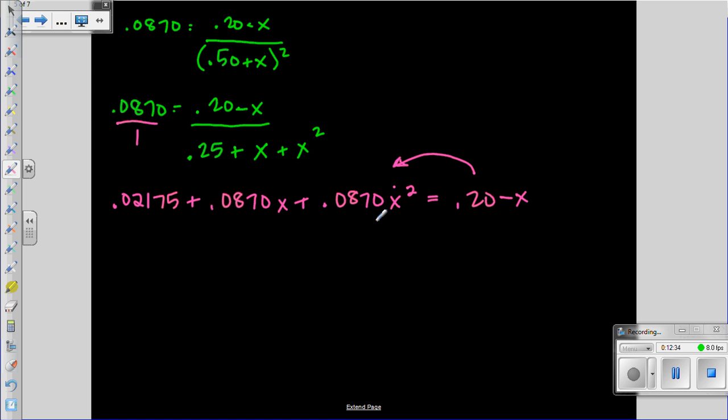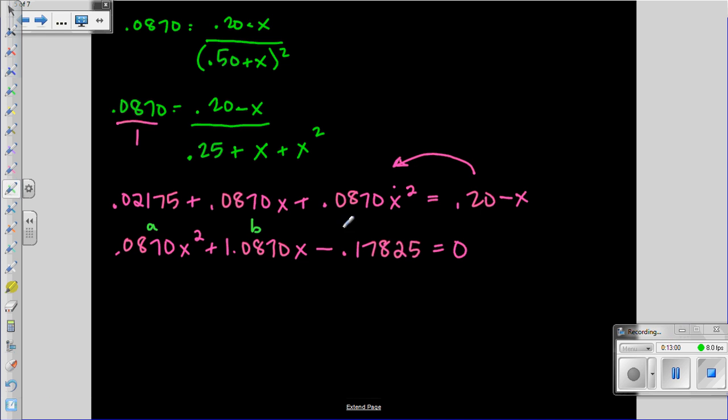So 0.02175 minus 0.2 gives us, I'm going to rearrange this so it's a nice setup for the quadratic, minus 0.17825 equals 0. Adding x, so this is 1.0870x. Now this is my A, this is my B, this is my C. I'm going to substitute those into the quadratic formula.